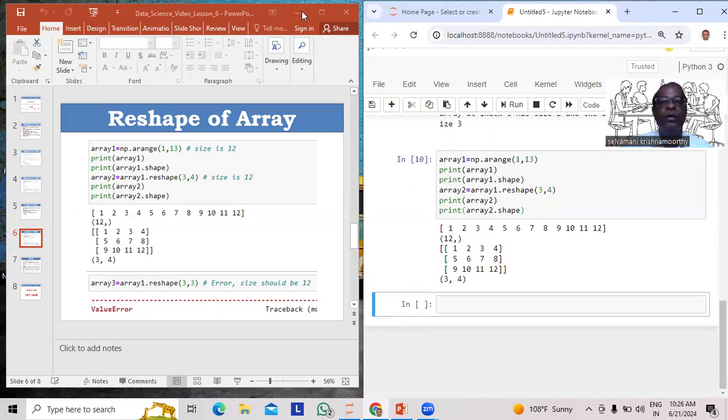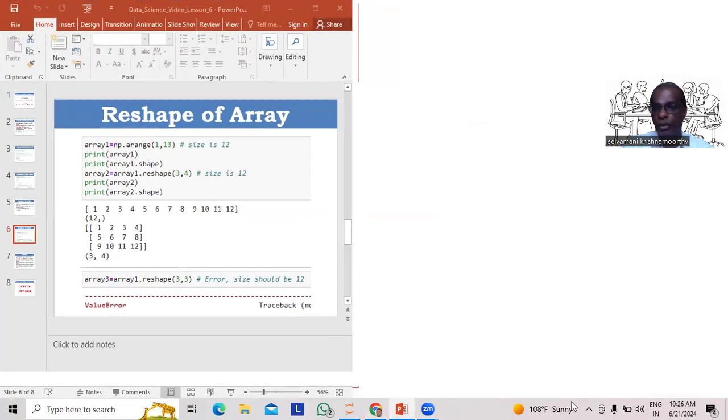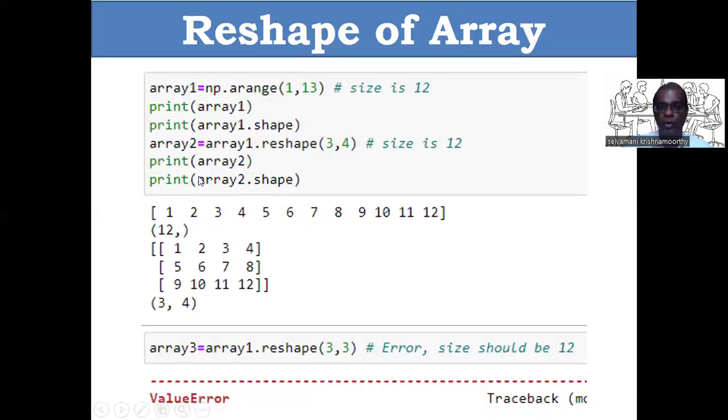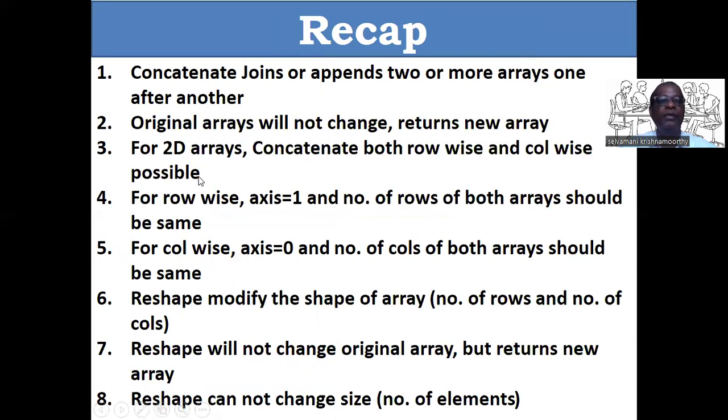Okay. So now let us proceed to the recap of whatever we studied so far. Number 1, concatenate joins or appends two or more arrays one after another. While concatenating, original arrays will not change but it returns a new array. If it is a one-dimensional array, nothing to worry about axis and number of columns or rows.